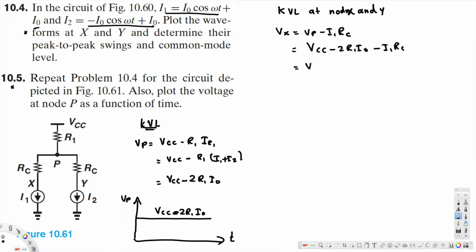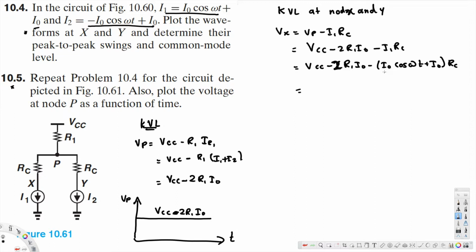So this will become VCC minus 2R1 I naught minus, instead of I1 I plug in I naught cos omega t plus I naught, times RC.